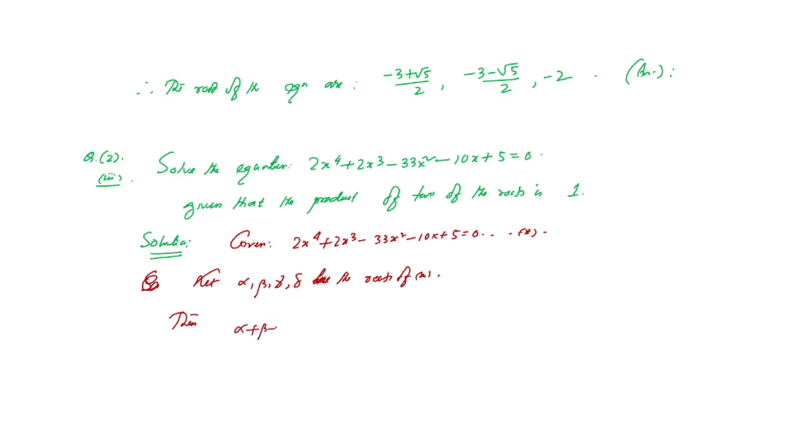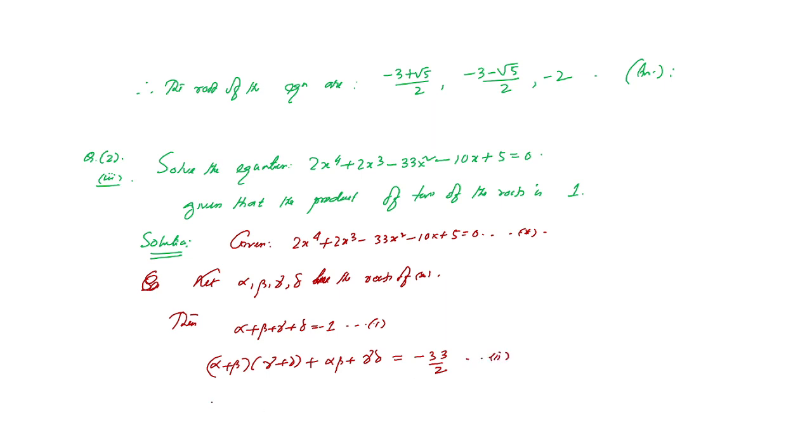Then alpha plus beta plus gamma plus delta is minus b by a, minus 2 by 2, that will be minus 1. Next, (alpha plus beta)(gamma plus delta) plus alpha beta gamma delta... that will be c by a, so minus 33 by 2.